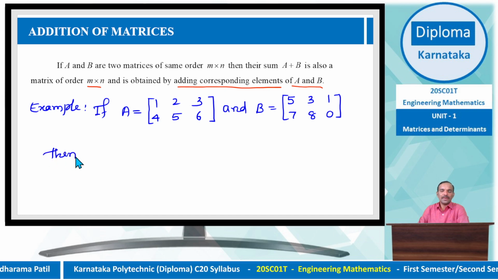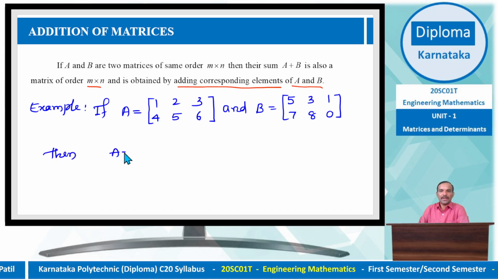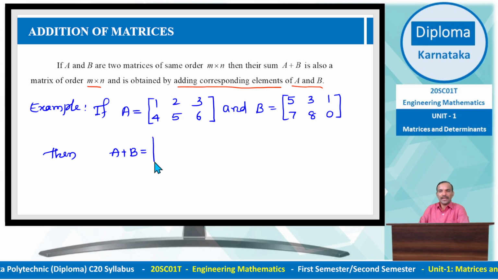Then A plus B is equal to, you have to add the corresponding elements. What is the first element here?